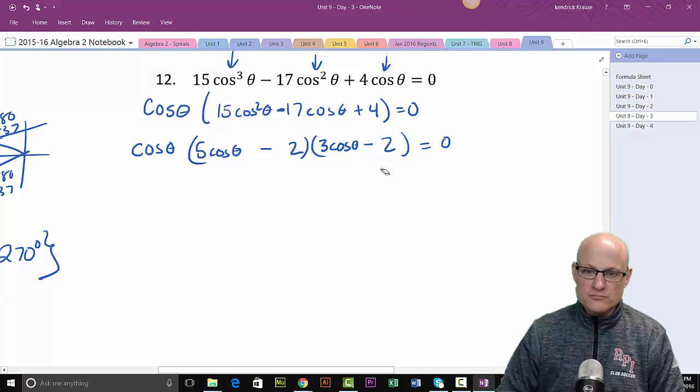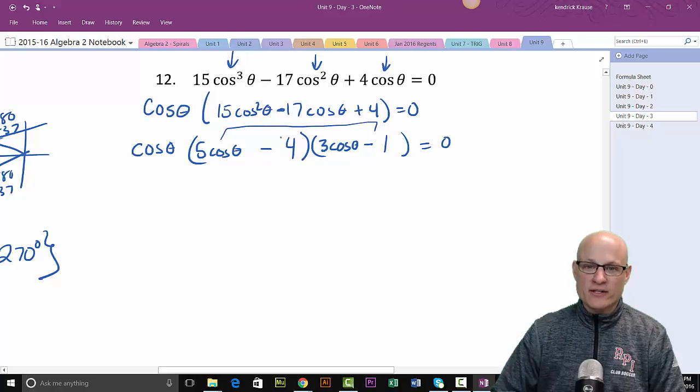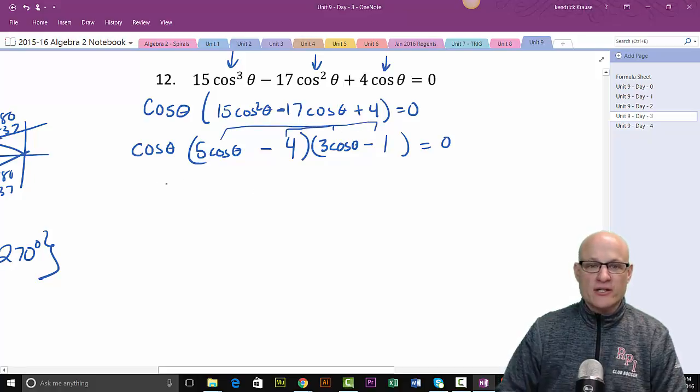So 4 here and 1 here, because that's negative 5 and negative 12. That's negative 17. So I get cosine theta equals 0. Cosine theta equals 4/5. And cosine theta equals 1/3.